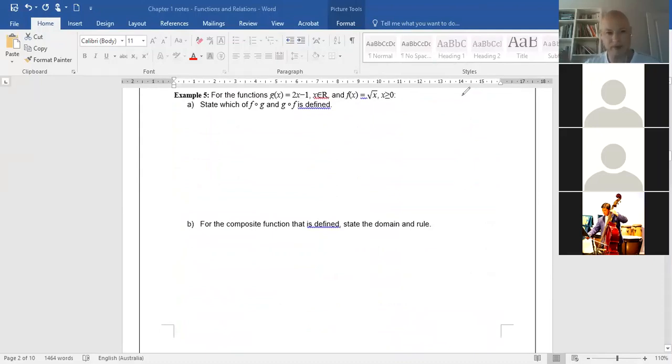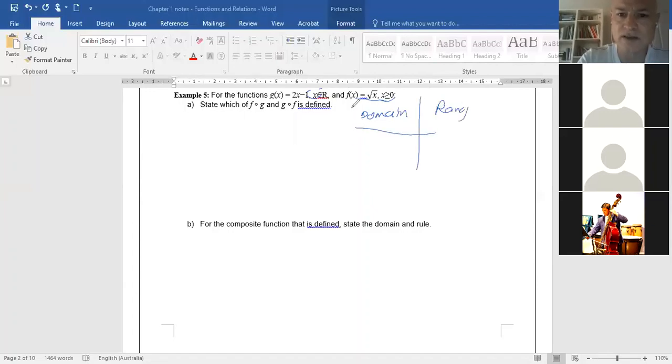Okay, example 5. For the functions g of x, which equals 2x minus 1, and it gives us the domain, x is an element of reals, and f of x equals the square root of x, which again gives us the domain, state which of f of g or g of f is defined. Well, let's do this on the side where we're working out our domain and range. You don't have to write it like this.